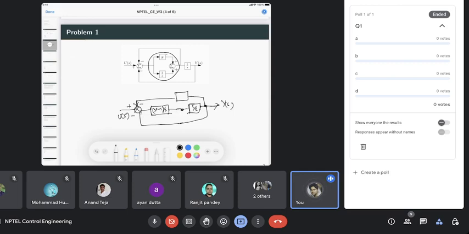Let the signal value to here be some x1 initially. Now what will the value be after this block 1 by S? It will be x1 by S, right? So initially you are taking that x1 signal, now you are taking x1 by S. So this block value should be something that will cancel out that S.